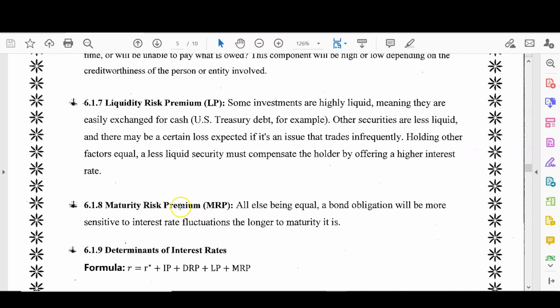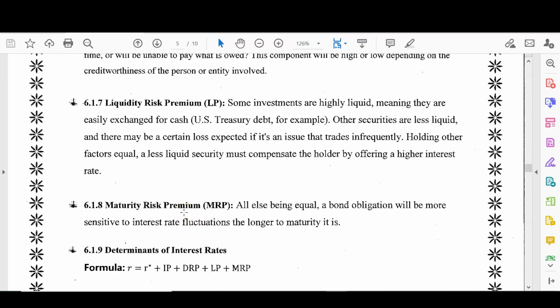The next premium is maturity risk premium. All else being equal, the bond obligation will be more sensitive to interest rate fluctuations the longer to maturity it is. So long-term bonds have higher maturity risk premium than short-term bonds.